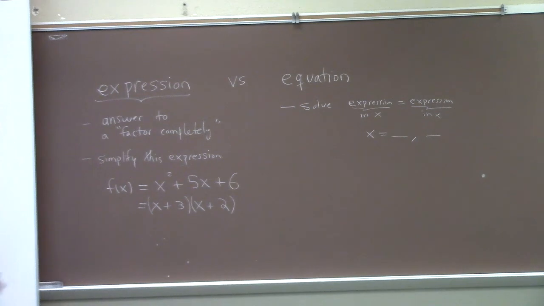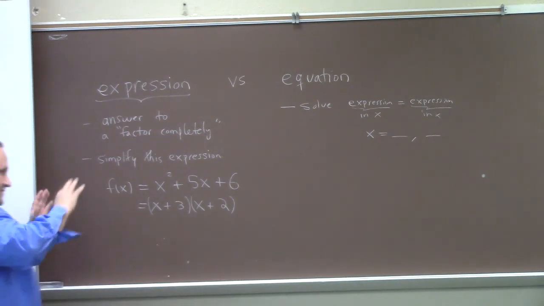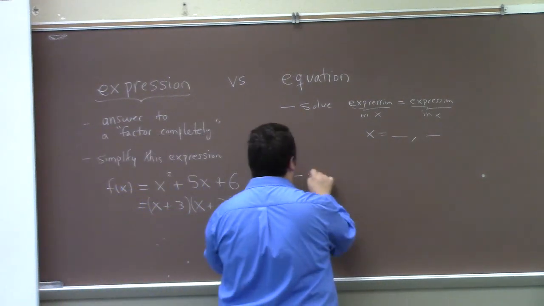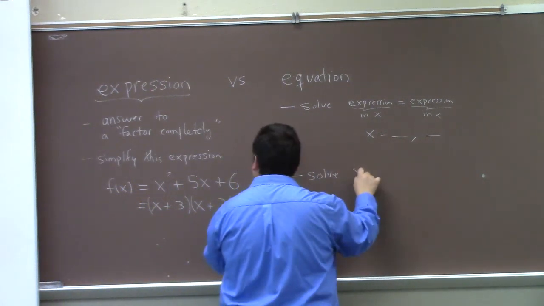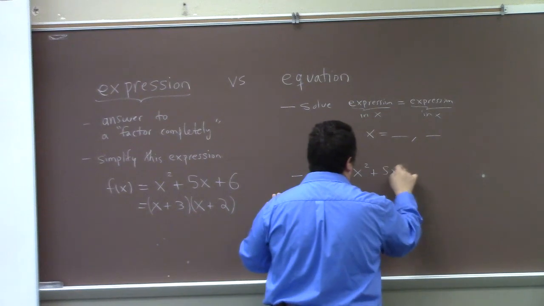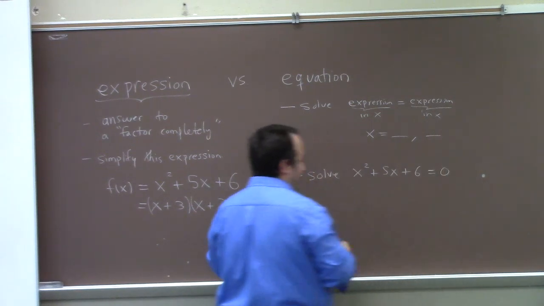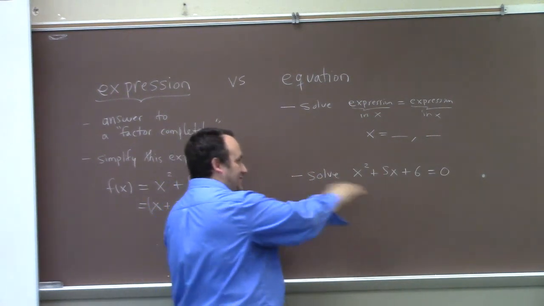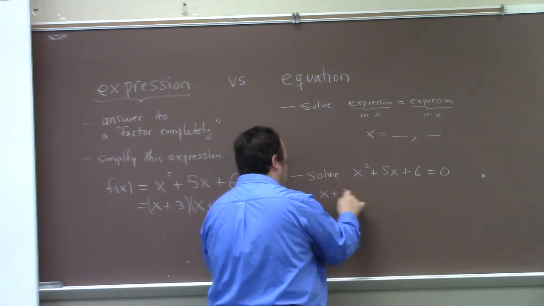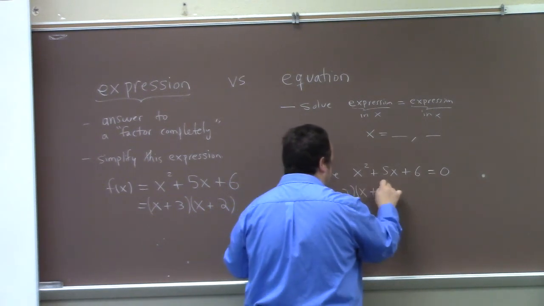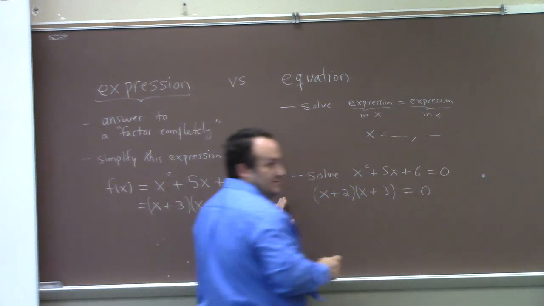So, factored completely. An expression, right? Solve versus solve x squared plus 5x plus 6 equal to 0, right? That is a different problem. And the answer to this is also related to the thing we just did, right?